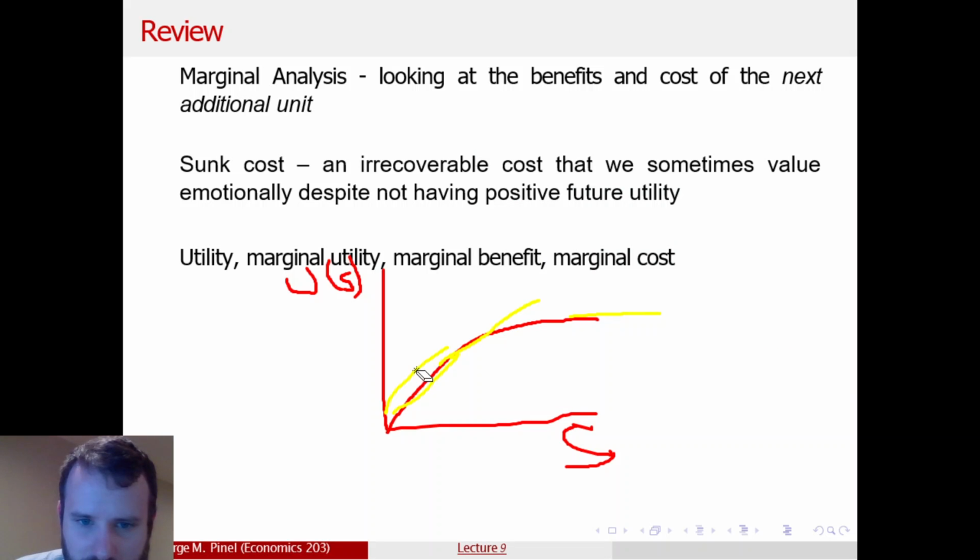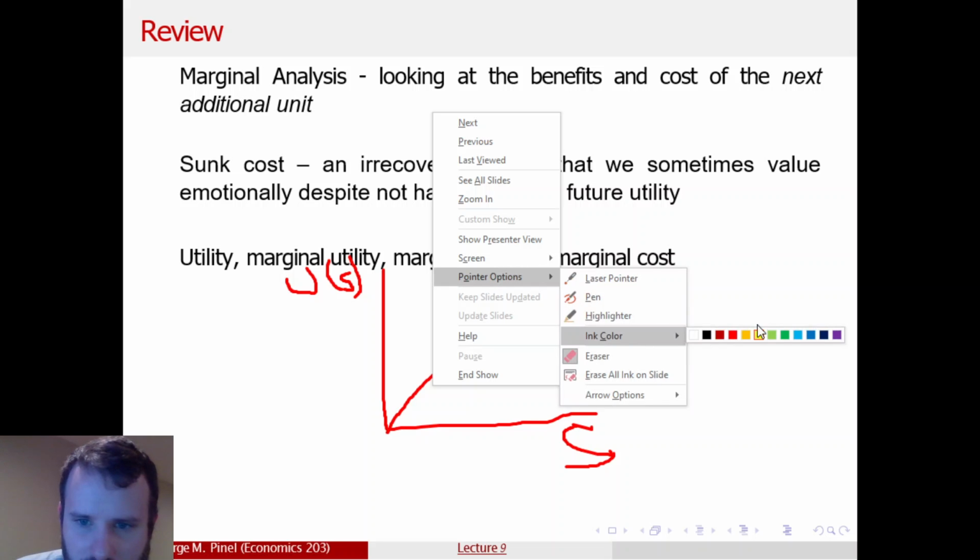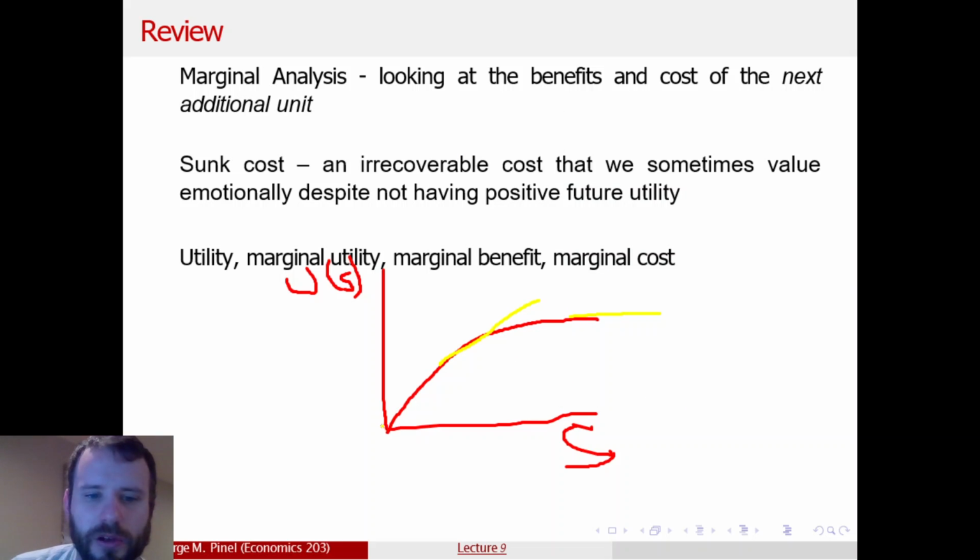I'm not really sure why I chose yellow. Okay, the marginal utility here is really high. So as you get higher and higher, the slopes of the tangent lines are going to get lower and lower, meaning that your marginal utility is decreasing. Okay, the additional 0.00001th sandwich that you consume is going to get you less than the last sandwich got you.